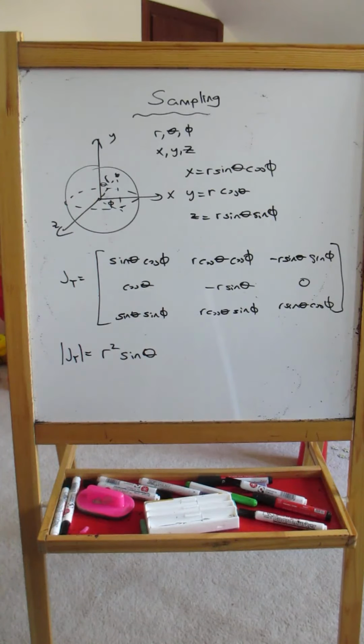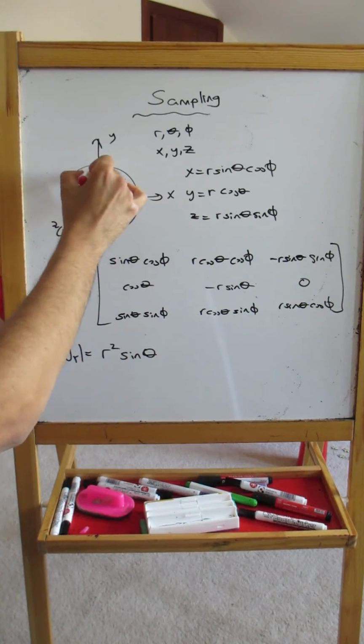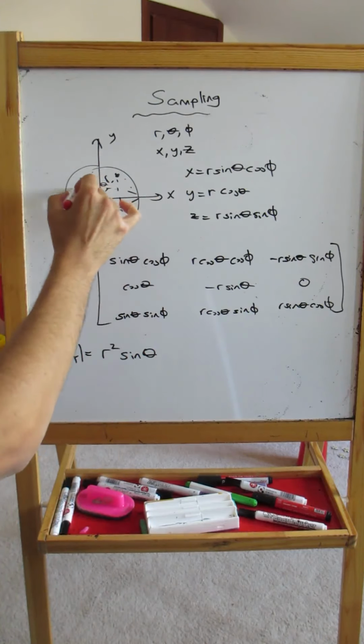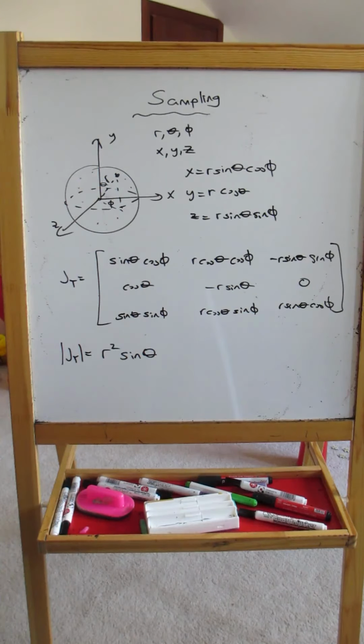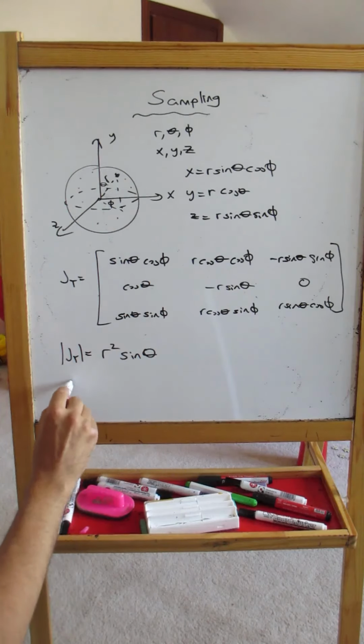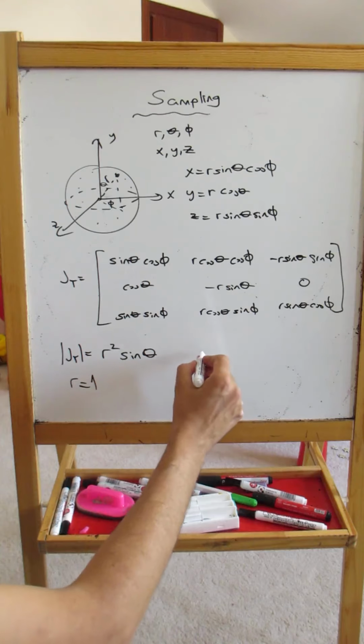Now here in ray tracing we are not generally interested in sampling points inside the ball. We are interested in sampling points on the sphere, so we are interested in surface points. We are not interested in uniformly sampling the inside of the sphere. So for our case, we can set R to 1. When you set R to 1, you obtain the following relationship.